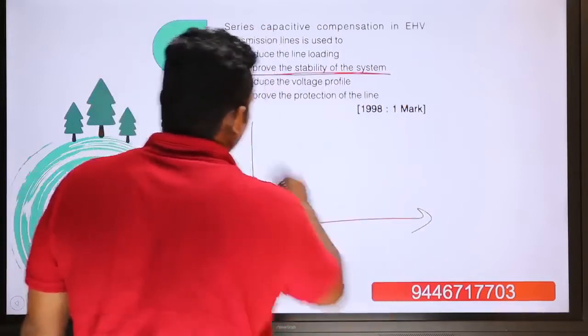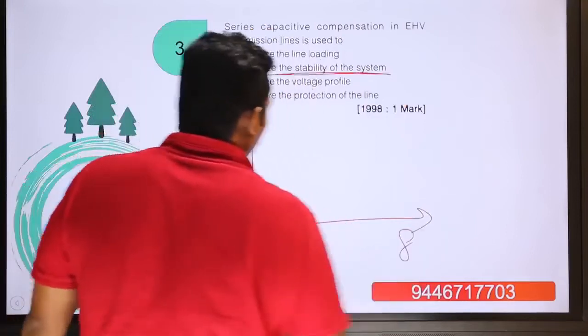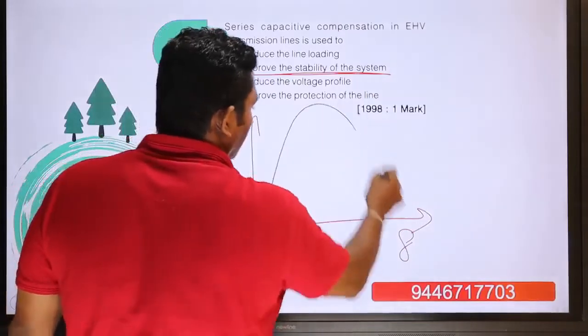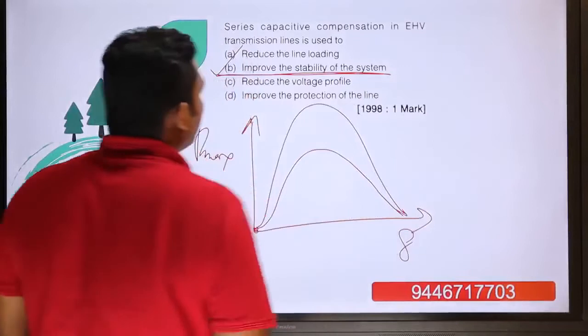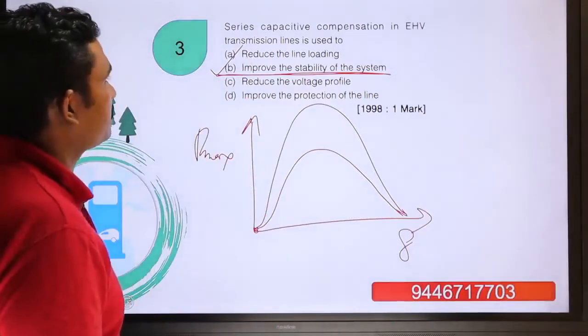For the P max and delta curve, this is the power angle curve. With respect to the power angle curve, the Pmax of the system can be improved by reducing the value of X, that is, by increasing the series capacitive compensation.